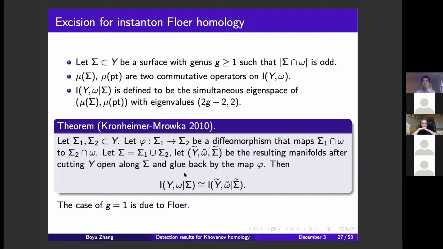And this operation may change the instanton Floer homology of the three manifold, but it turns out that if we only look at the particular subgroup associated with the surfaces, then the subgroups are actually isomorphic to each other after this excision operation or surgery operation. And in particular, if g equals 1, this is pretty much equivalent to the original excision formula of Floer.